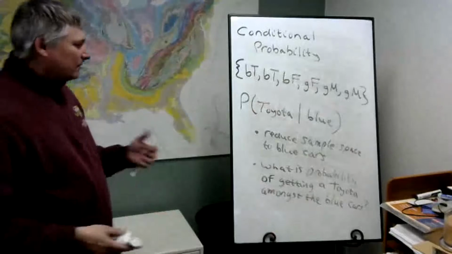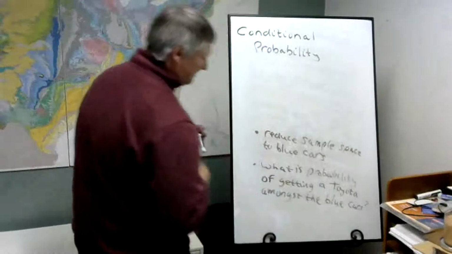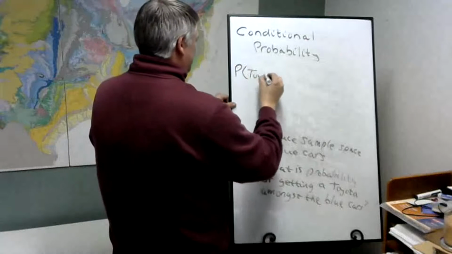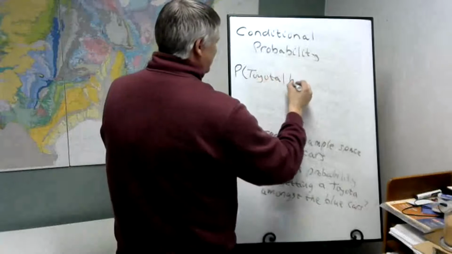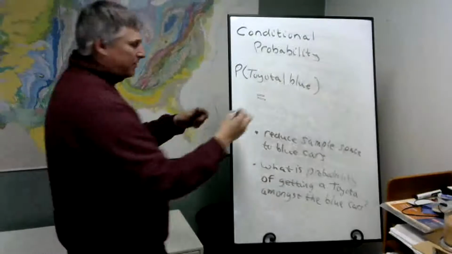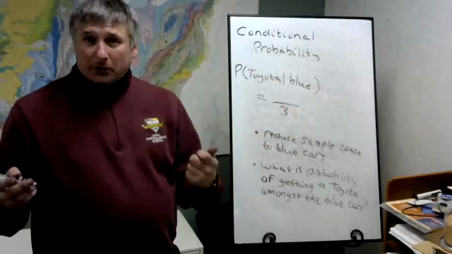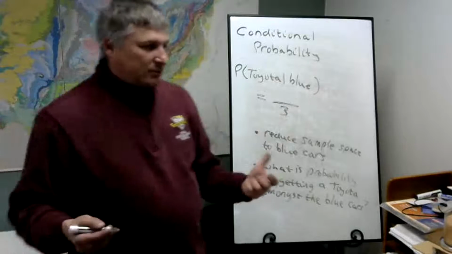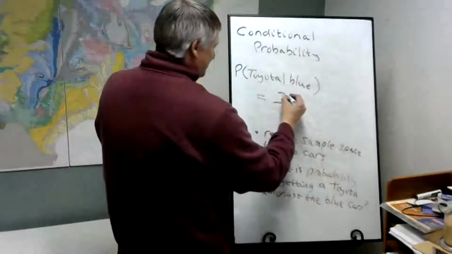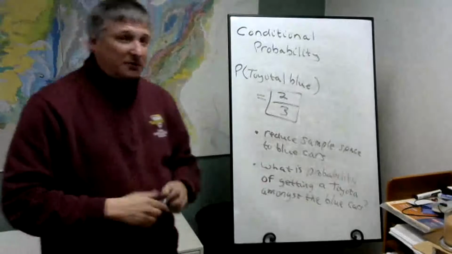So for this, what this means, probability of Toyota, given we've reduced our sample space to just the blue cars. Well, there were only 3 blue cars, a couple Toyotas and a Ford. And of the couple Toyotas and a Ford, there's only a couple Toyotas. That means there was only 2. And well, that's your answer, 2/3.